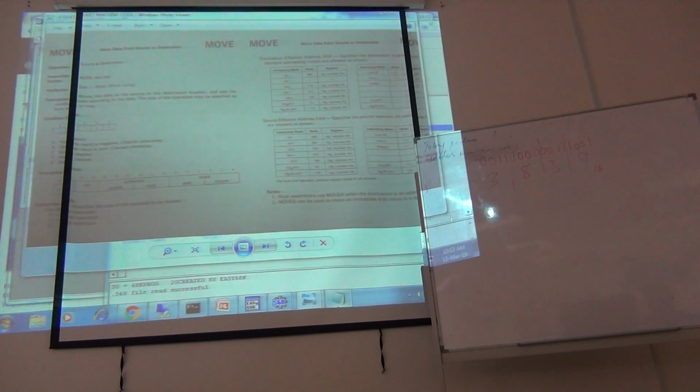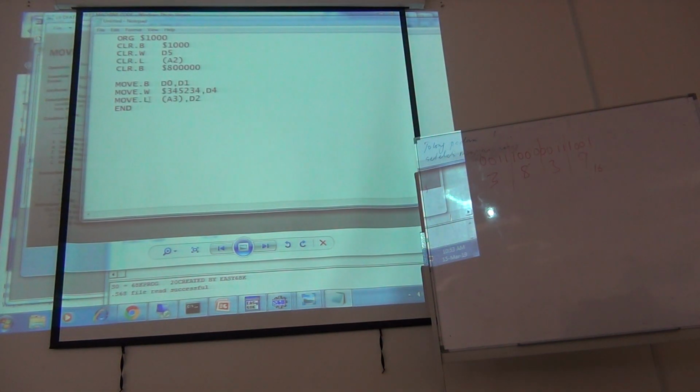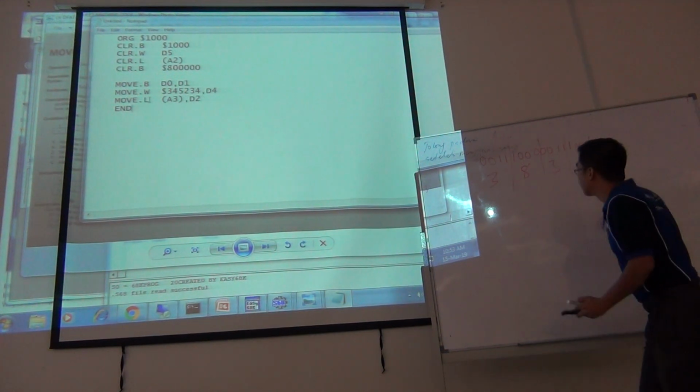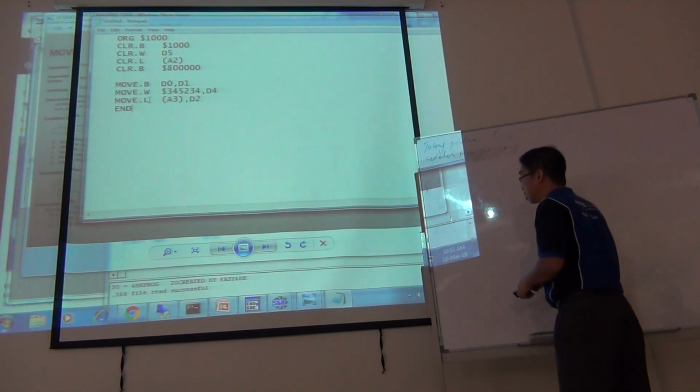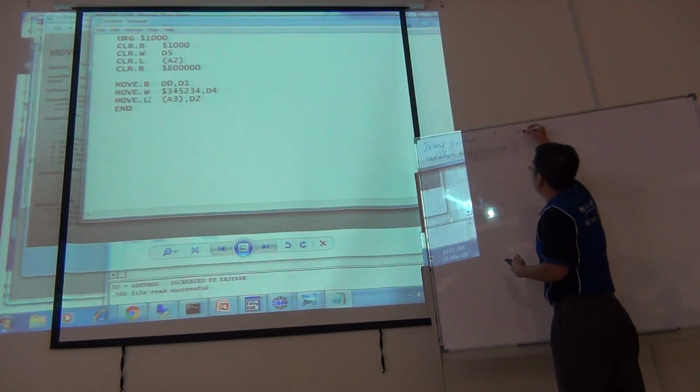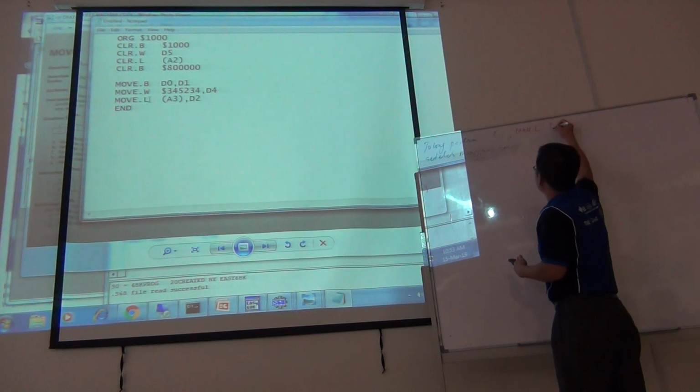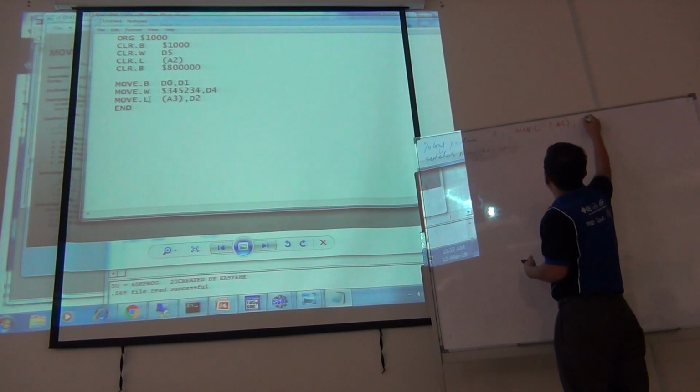Next question is move.long A3 in brackets to D2. Move.long (A3) to D2.